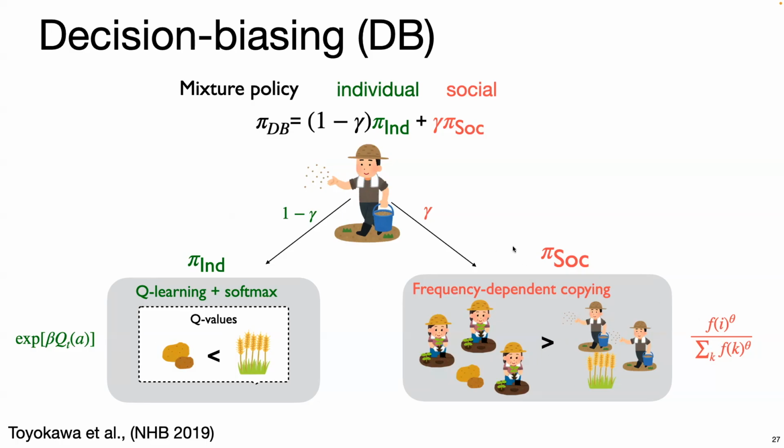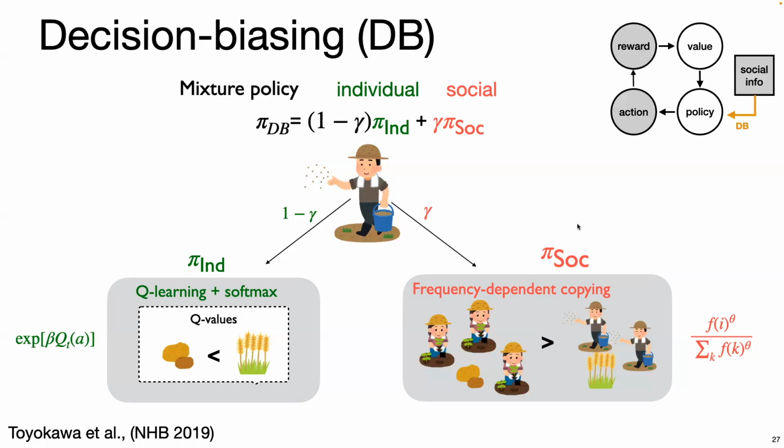So pi-int and pi-soc are mixed as a function of gamma, where 1 minus gamma is the probability of playing our pi-int strategy, and gamma is the probability of playing our pi-soc strategy. This mixes together, and it leads to social information influencing our policy.